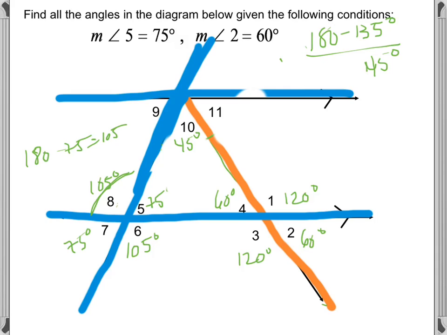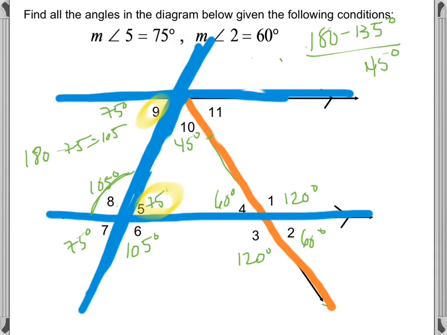Okay. Now that doesn't necessarily help us with 9, but if we look at just the blue lines here, not the orange, 9 is the alternate interior angle to 5. We know that alternate interior angles are equal to each other, so 9 must be equal to 75 degrees.